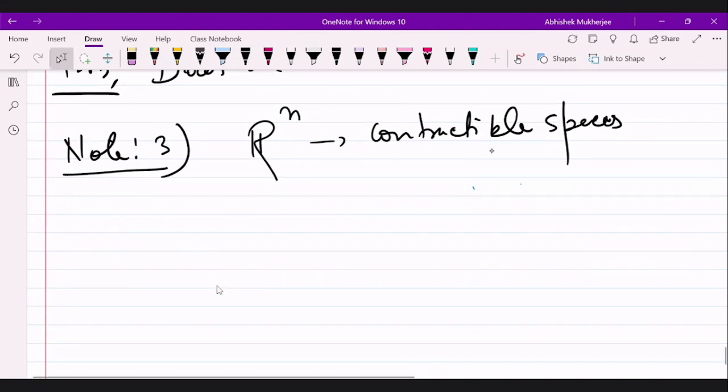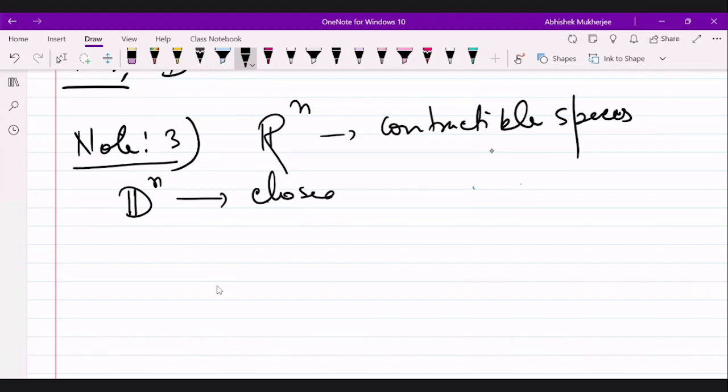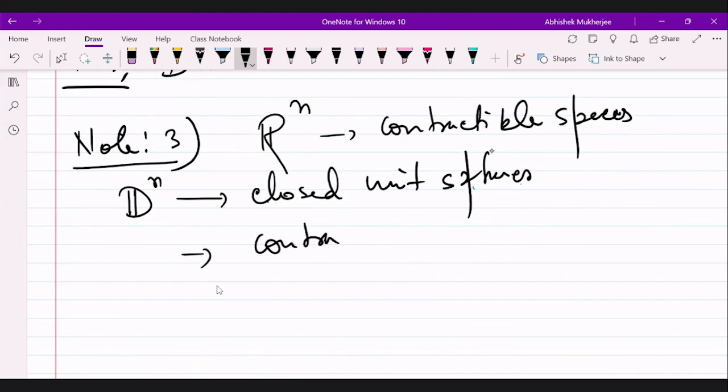The same situation will happen for Dn, closed unit balls. So these are all contractible spaces. Okay.